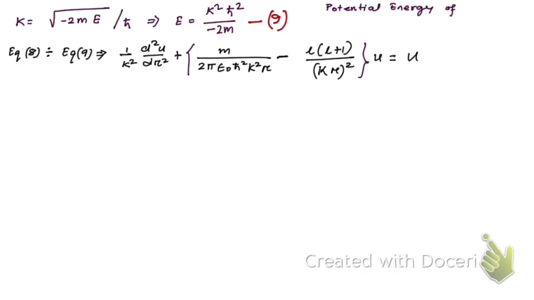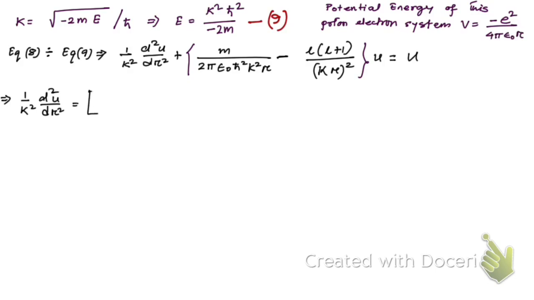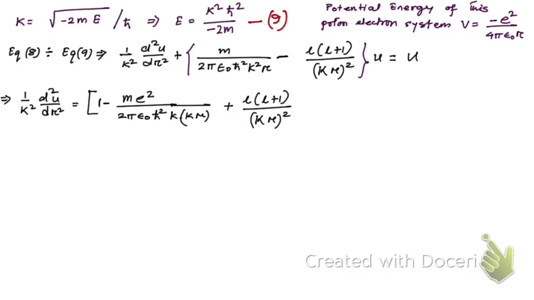So again, potential energy is equal to this. Now let me simplify this. This is what we have got. Now suppose this rho is equal to k into r, and rho naught is equal to this part.